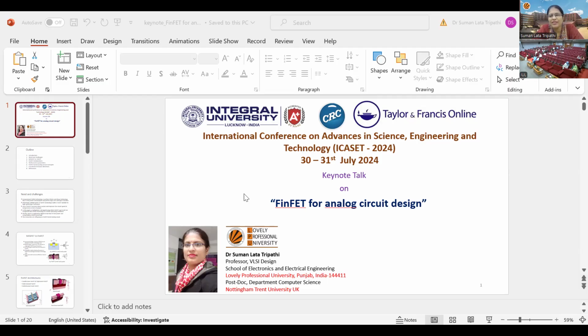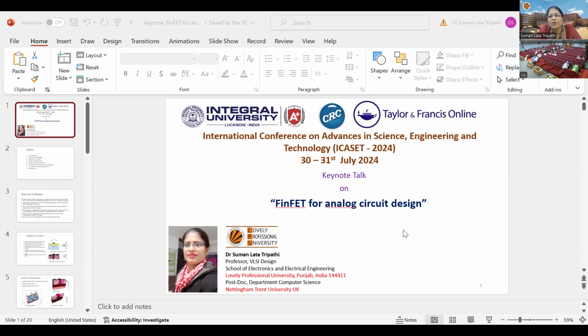Mostly the researchers have worked on the digital design part with FinFETs, and the reasons are low power consumption and the speed of operation even at lower technology nodes. When we talk about CMOS technology for any integrated circuit, up to 45 nm technology provides good responses in terms of power consumption.